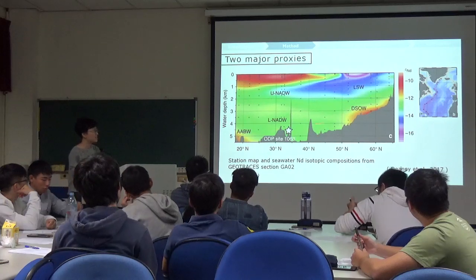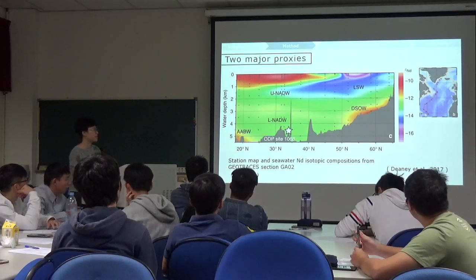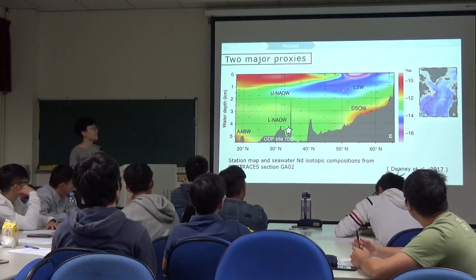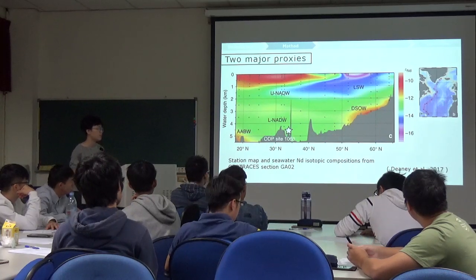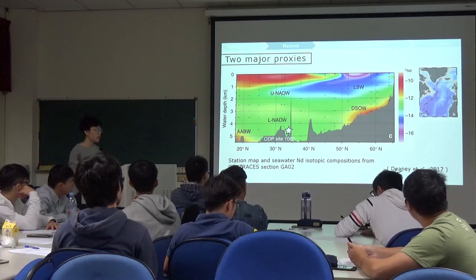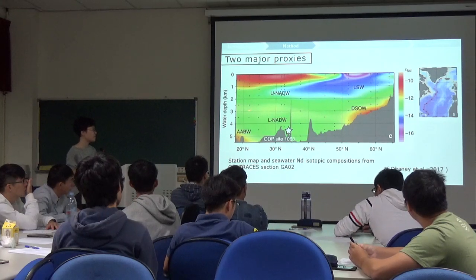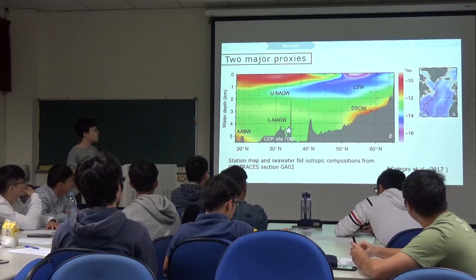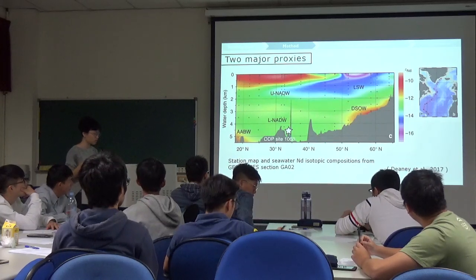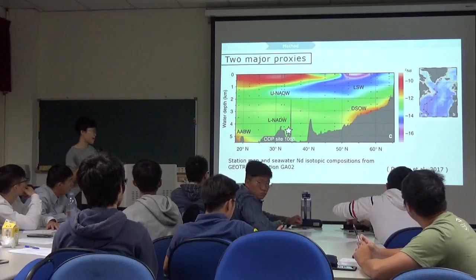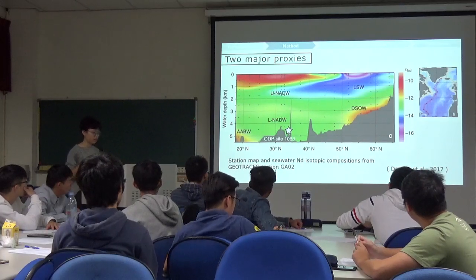This is the Atlantic Ocean, and we can see the North Atlantic has very negative neodymium because it has more old continental sources, and the South has more positive neodymium values. So different water masses have different neodymium values.